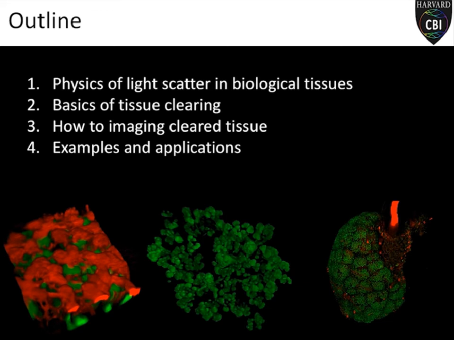And today we're going to be focusing on the CLARITY technique. After that, I'd like to spend a little bit of time talking about how we image cleared tissues. What are our options on the microscopy side, and what are the considerations that we have to keep in mind when we're placing a piece of clear tissue under our microscope? And then finally, I'll close by giving a couple of examples from some work we've done in our facility and give you a quick rundown of some of the tissues that we've worked with through this process.